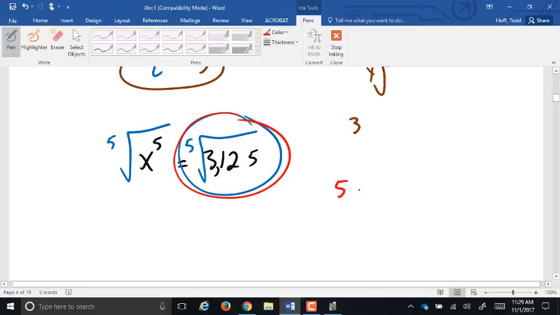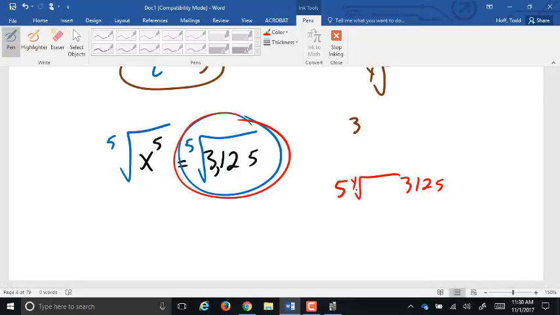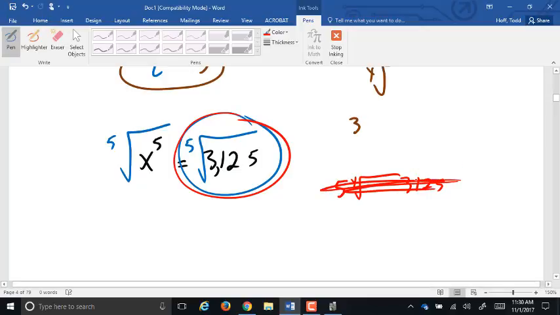Did you do 5, then that key, and then the 3125? Okay, perfect. So that works great. As long as you've got that figured out, that's exactly what you need to be able to do.